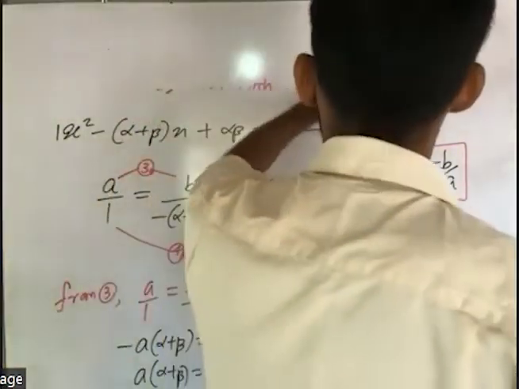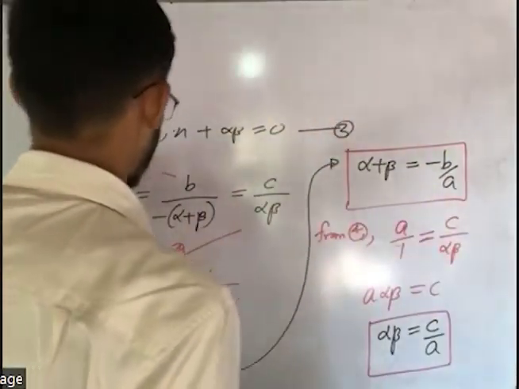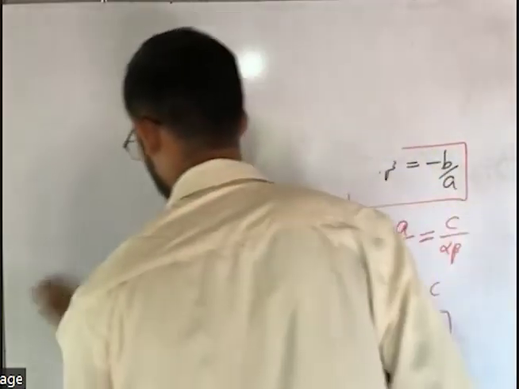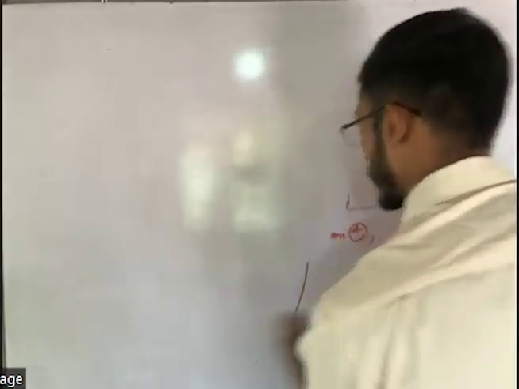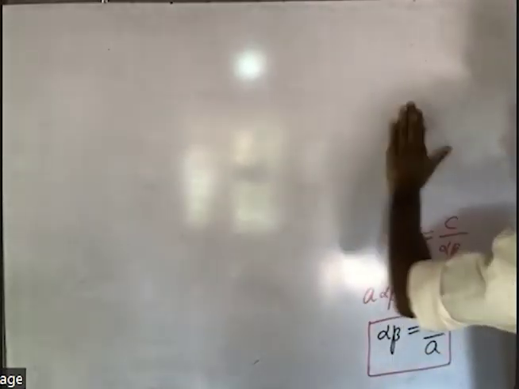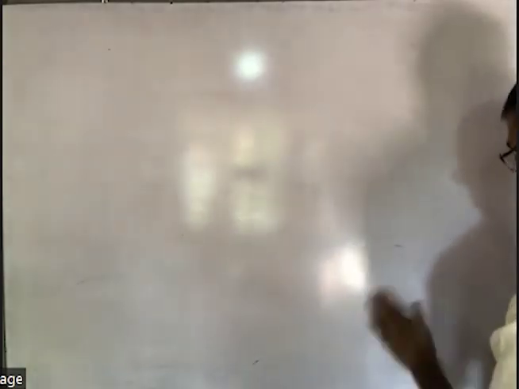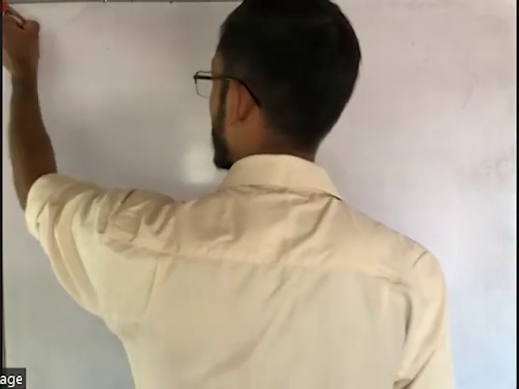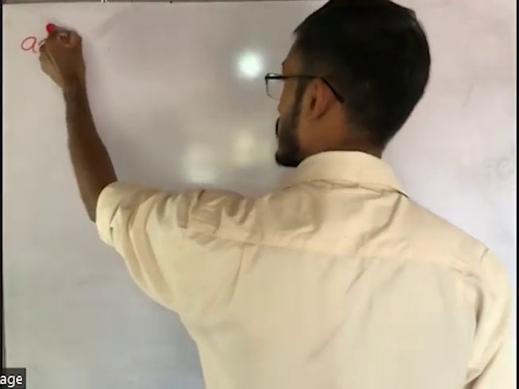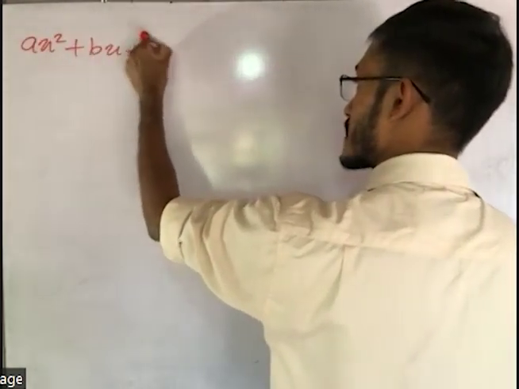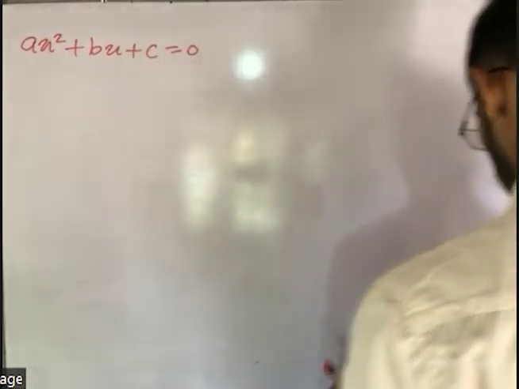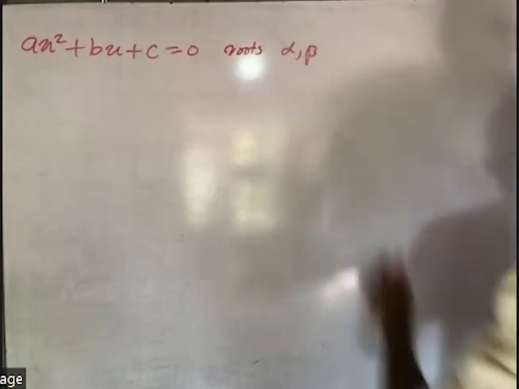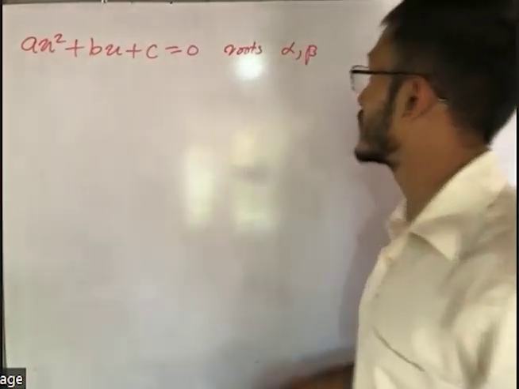Next, write down in red color: summary and the pattern. So I'm going to write down the standard quadratic equation ax square plus bx plus c equal to 0. Here roots are alpha, beta.